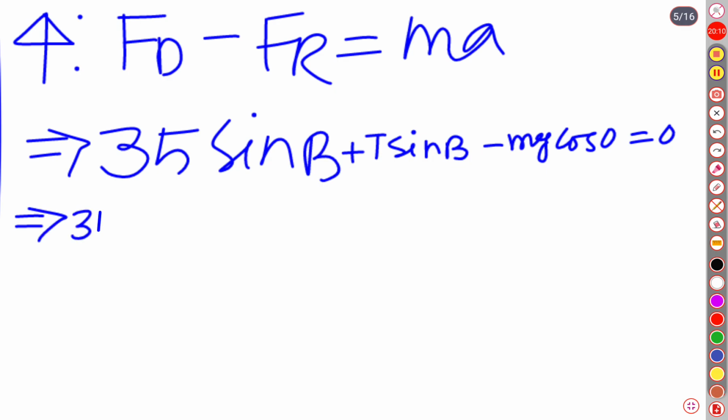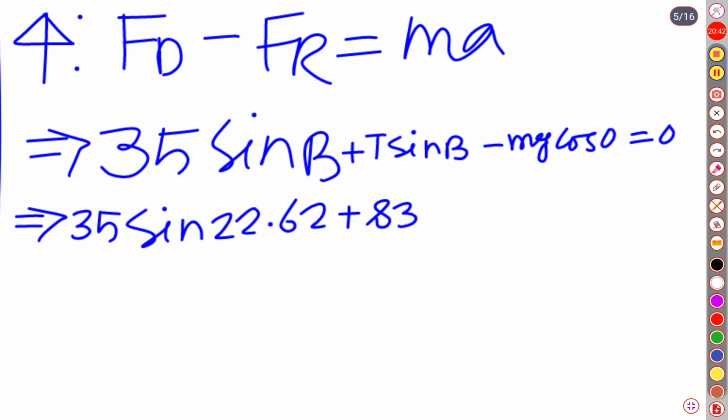It is 35 sine beta, where beta is 22.62, plus the tension in the string we have already obtained, 83.999 sine beta, where beta is 22.62, minus mg.